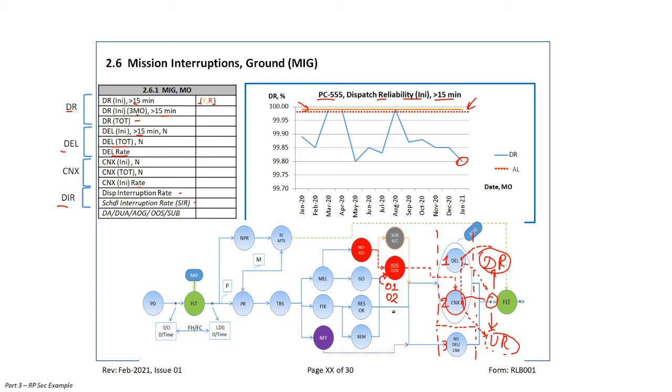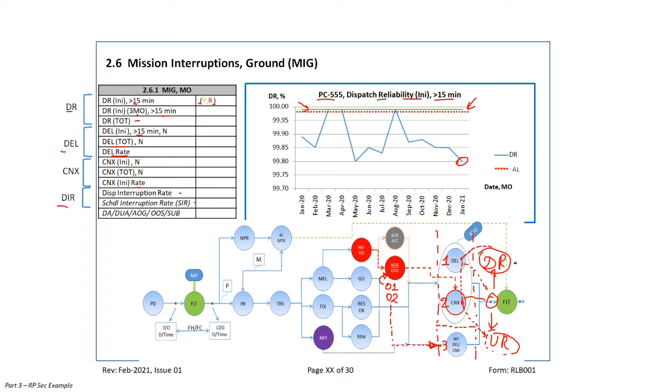So we have enough time, we prepare it, and we have no delay, no cancellation. What does that mean from a dispatch reliability perspective?